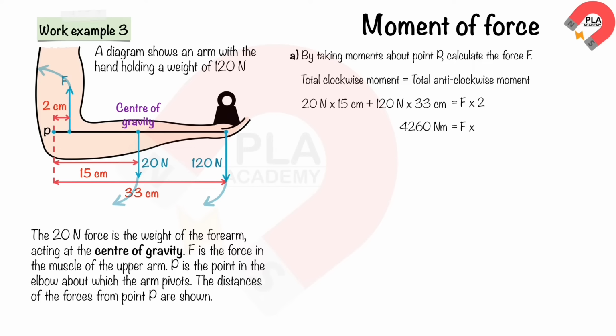Total anticlockwise moment is force F times 2. Therefore, force F is 4,260 divided by 2, which is equal to 2,130 newtons.